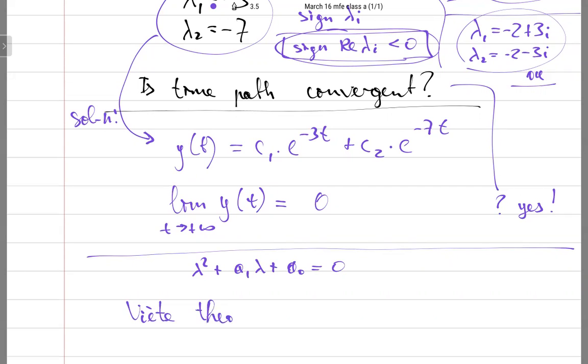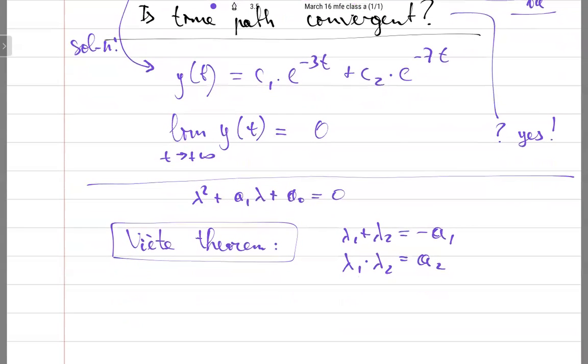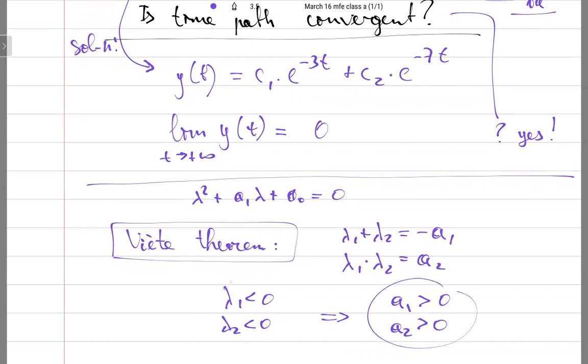For this particular case, it says that lambda 1 plus lambda 2 should be equal to minus a1, and lambda 1 times lambda 2 should be equal to a2. Yes. So if I want lambda 1 less than 0 and lambda 2 less than 0, then I want a1 greater than 0 and a2 greater than 0. Yeah, basically the same thing.